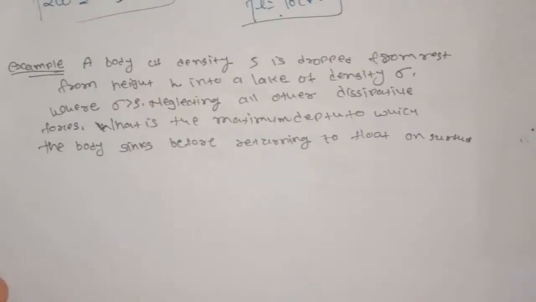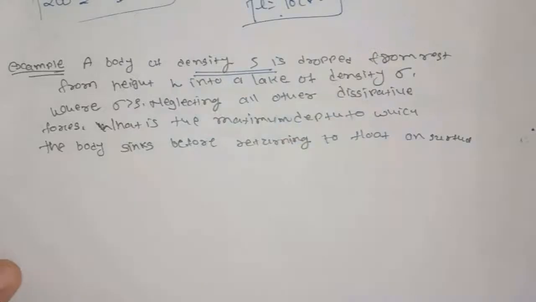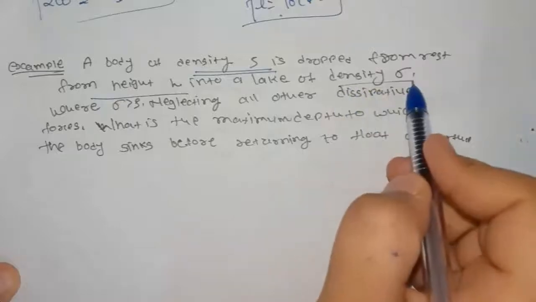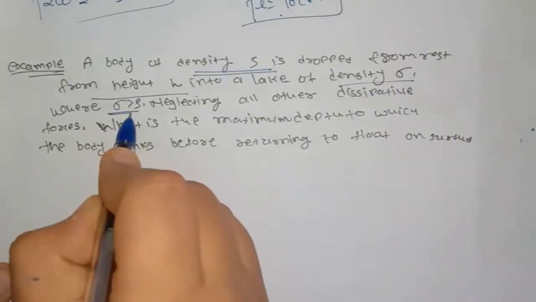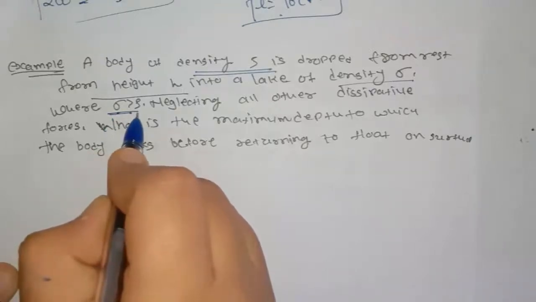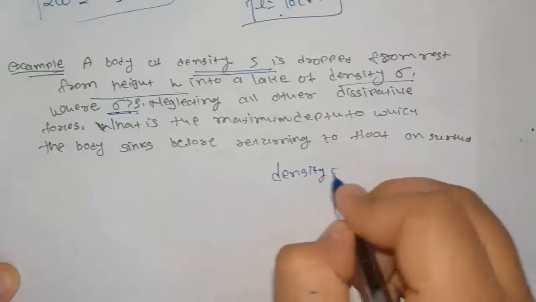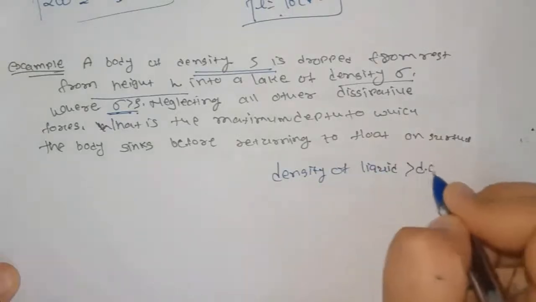In this example, a body of density rho is dropped from rest from height h into a lake of density sigma. Given sigma is greater than rho, that means density of liquid is greater than density of body.